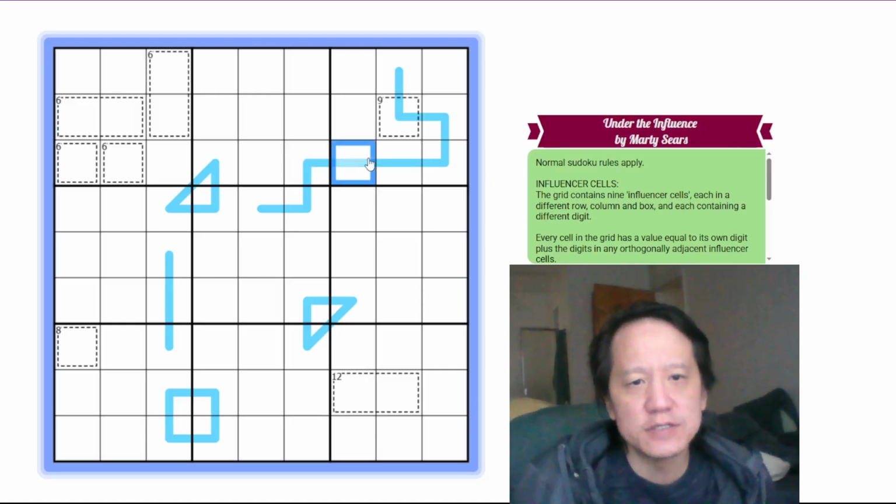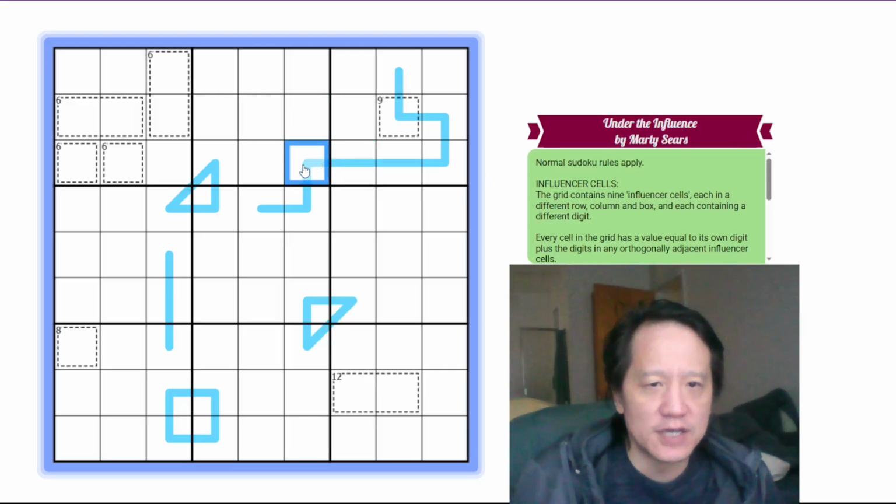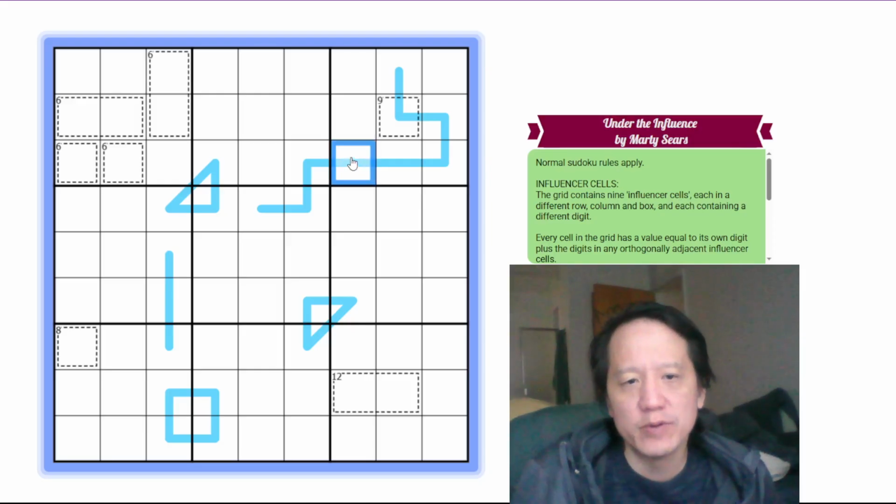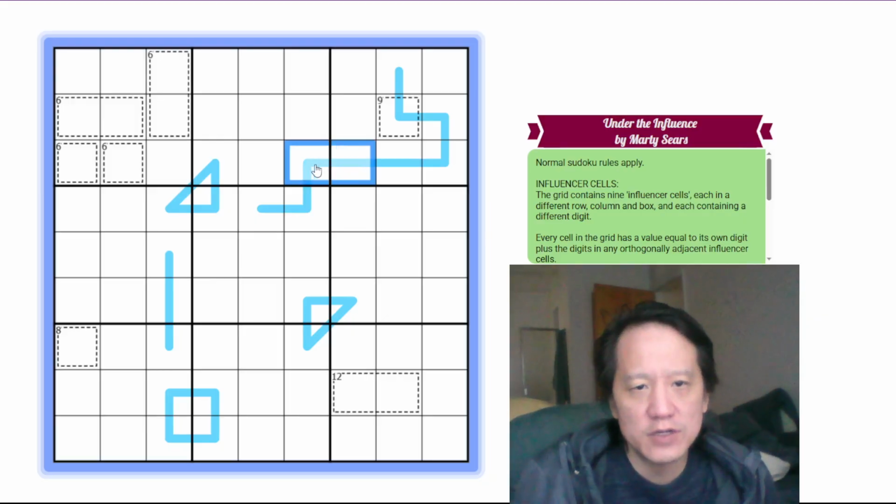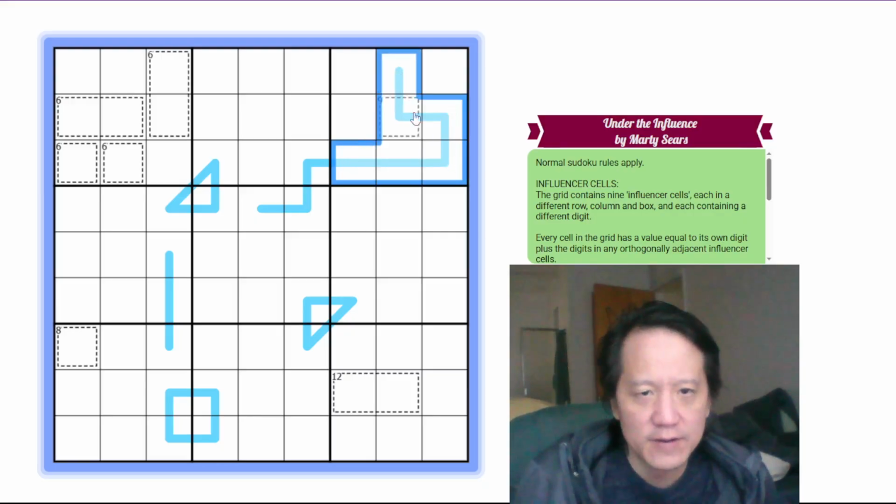This cell can only have 2 influencers next to it. It can't have any more. If this were the influencer, the problem is whatever digit is in the cell is the same as will be essentially zeroed out by the rest of this line. So that means this is 9 and this is 19.